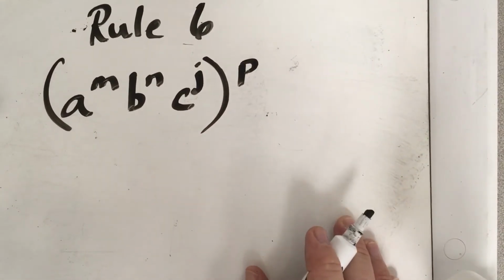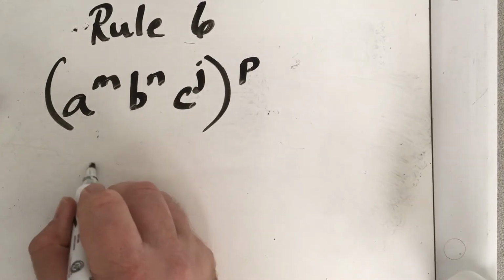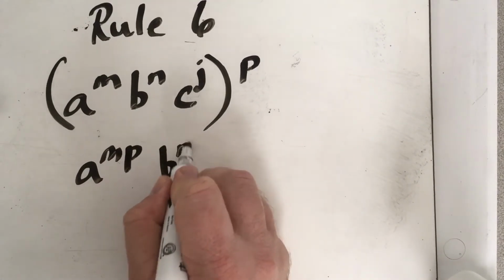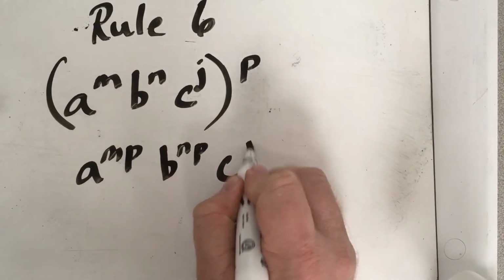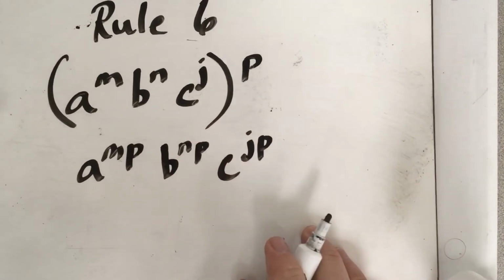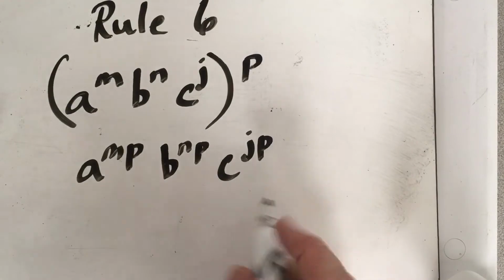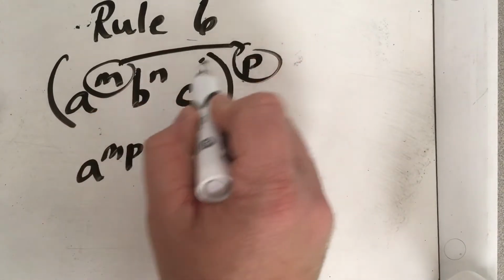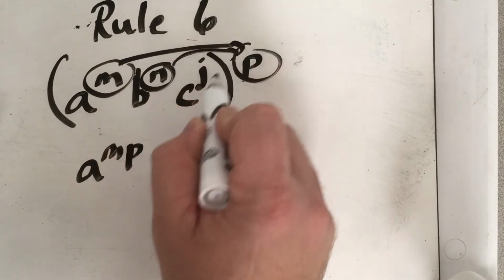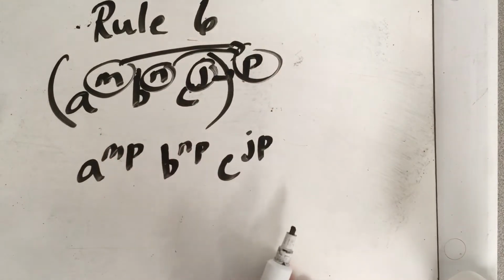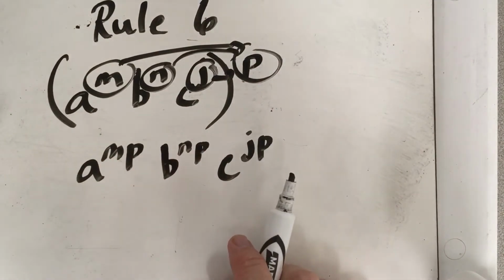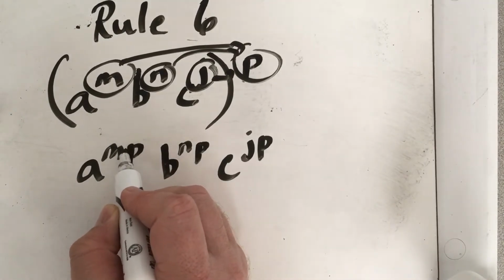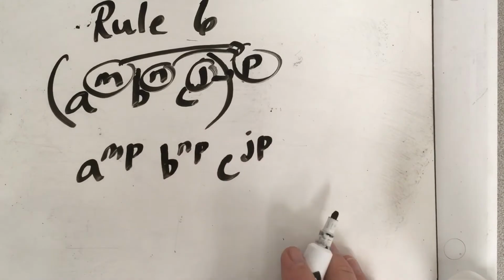We know we've already done several problems, but we would chain this problem and multiply, almost like the distributive property, multiply, multiply. So a to the MP, b to the NP, c to the JP, because if I don't write it there, you know these are being multiplied together.